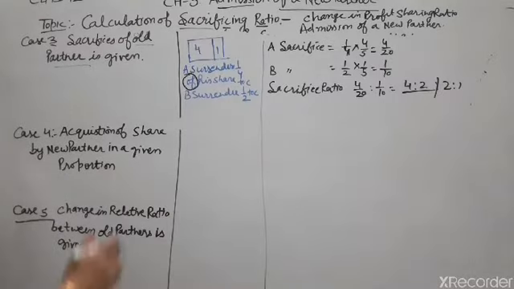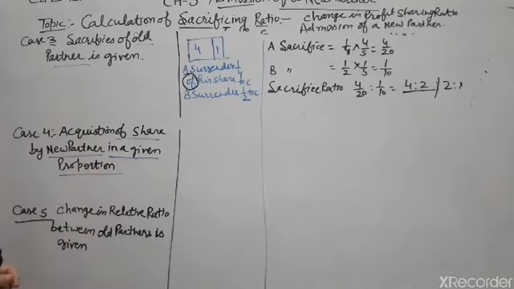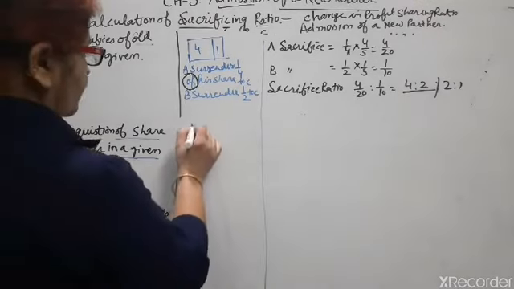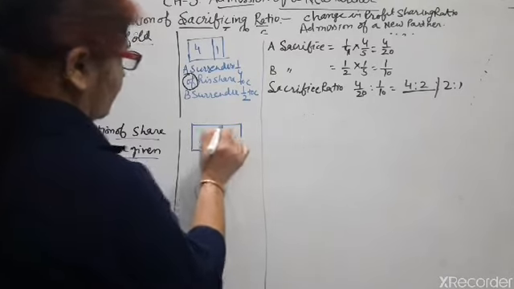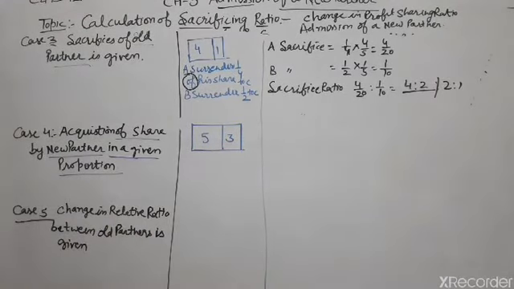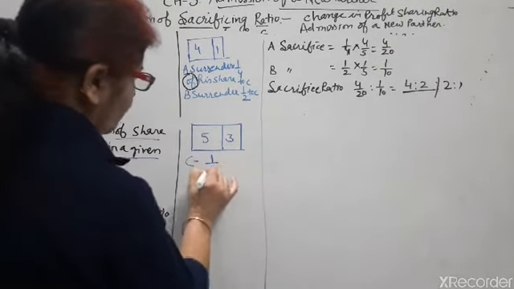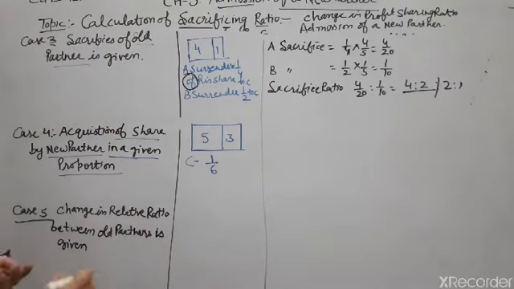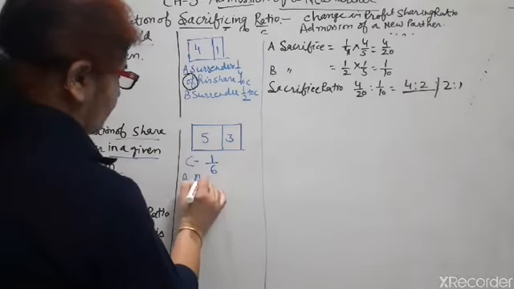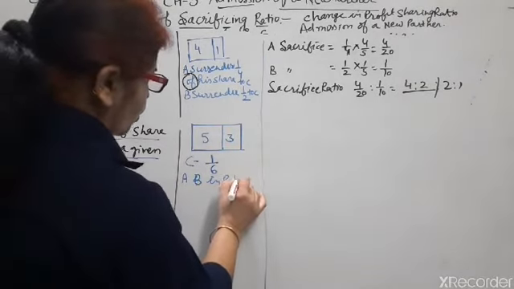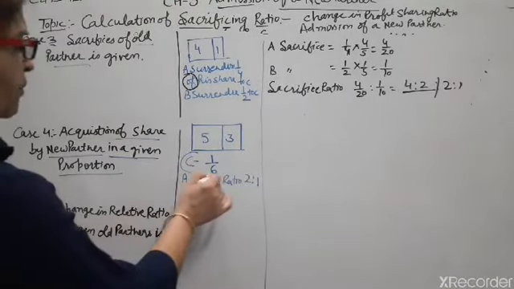The fourth case is acquisition of share by a new partner in a given proportion. For example, A and B are partners and they are sharing their profit in 5:3 and they admit C for 1 by 6, and this 1 by 6 share he will get from A and B in the ratio 2:1. That means C gets 1 by 6 part.